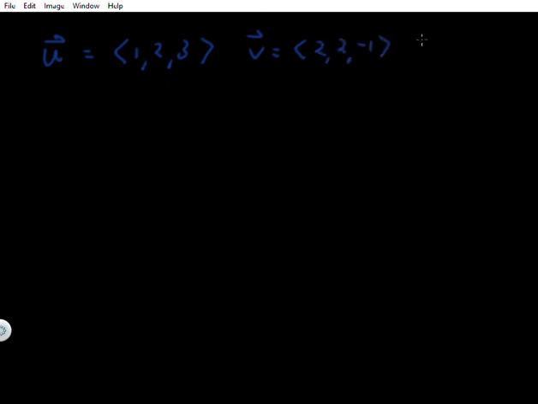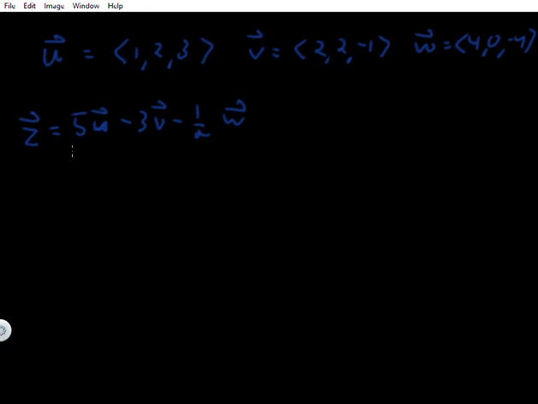And w, which is 4, 0, minus 4. And I want you to find vector z such that z is 5u minus 3v minus 1/2 of w. So go ahead, give this a try.